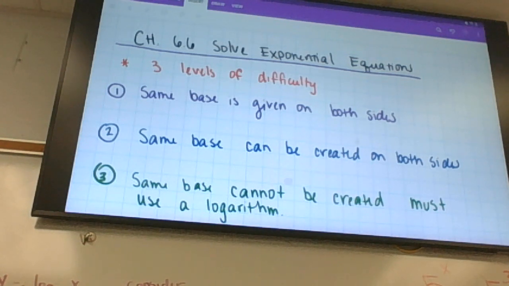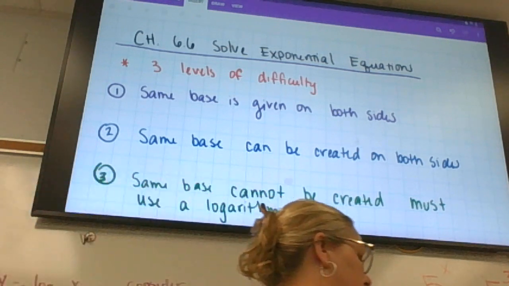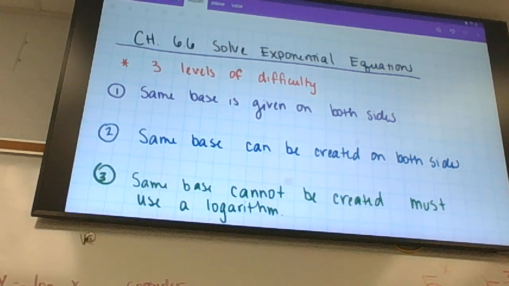The next, medium difficulty, is you don't have the same base, but you can create the same base on both sides. So if it's not given straight up with two exact 5s, maybe it looks something like this. It's not exactly the same base on both sides, but you can see how you could make it happen.